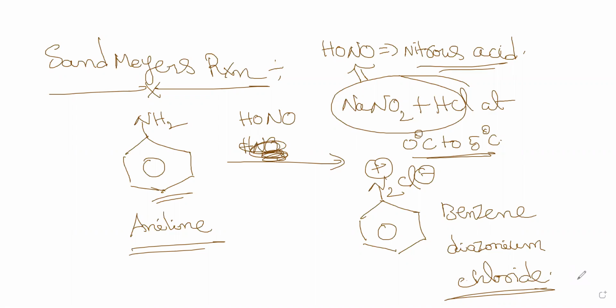Now what we do is, we take this benzene diazonium chloride. It is treated with Cu2X2.